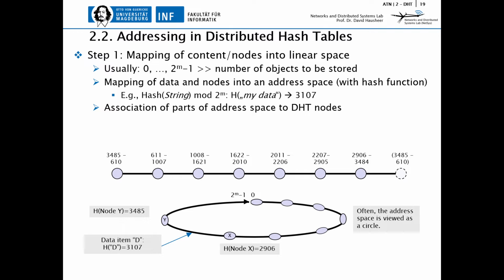And we have, for example, node X here that is mapped with that very same hash function and has in this case address 2906, and we have a node Y here with the address 3485, and then the data item that we have calculated here as an example just falls in between those two nodes.